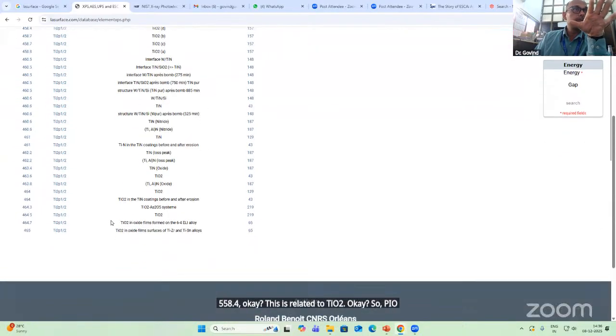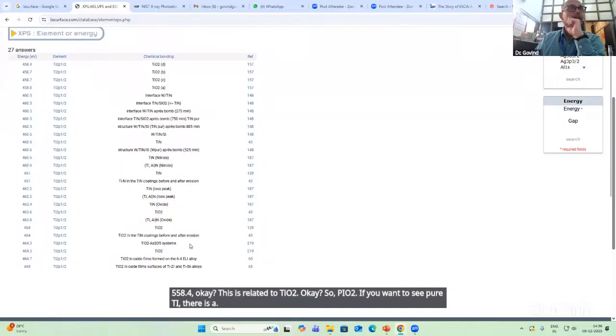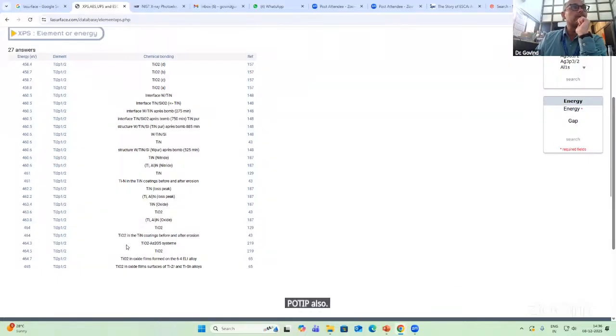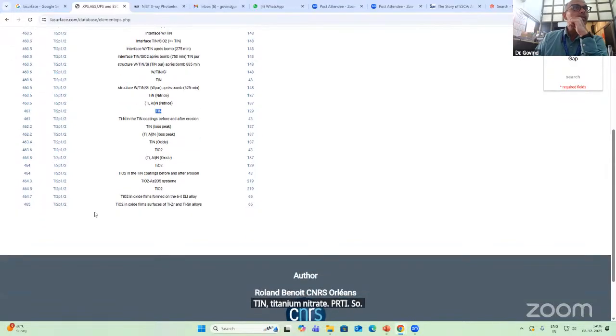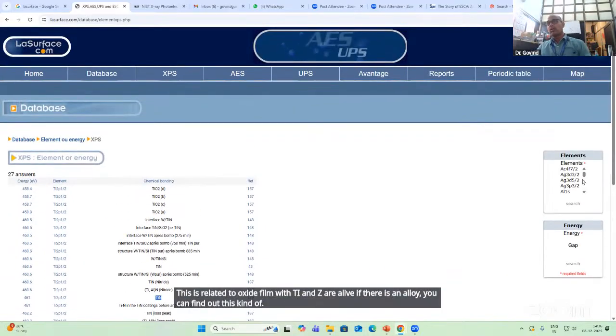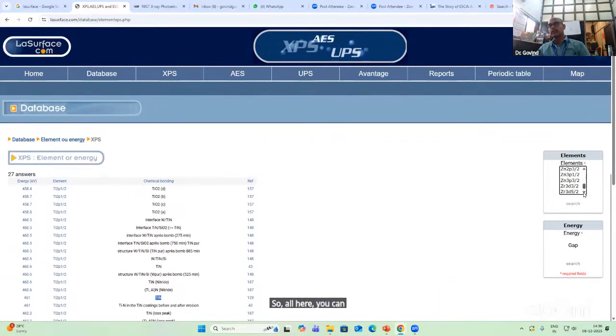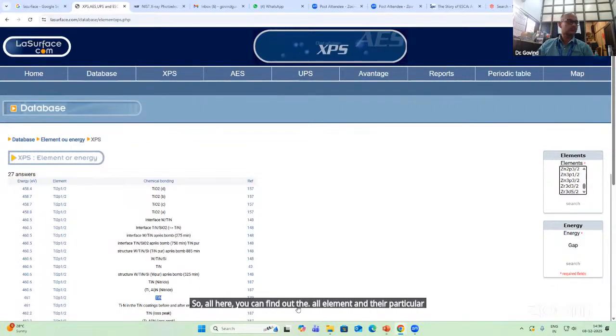If you want to see pure Ti, there is a pure Ti peak also you can find. See, TiAl, nitrate oxide, TiN, titanium nitride, pure Ti. So you can have that particular binding energy. Now, this is related to TiO2, an oxide film with Ti and Zr alloy. If there is an alloy, you can find this kind of thing. So here you can find all the elements and their particular binding energies.